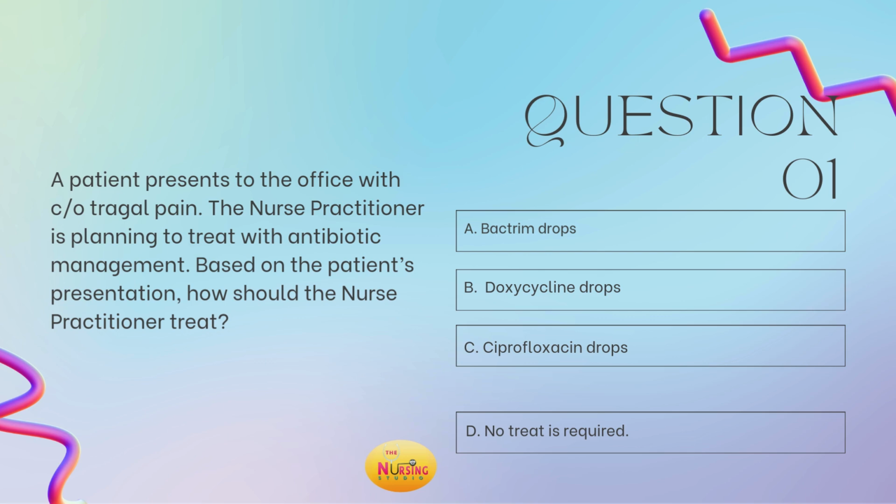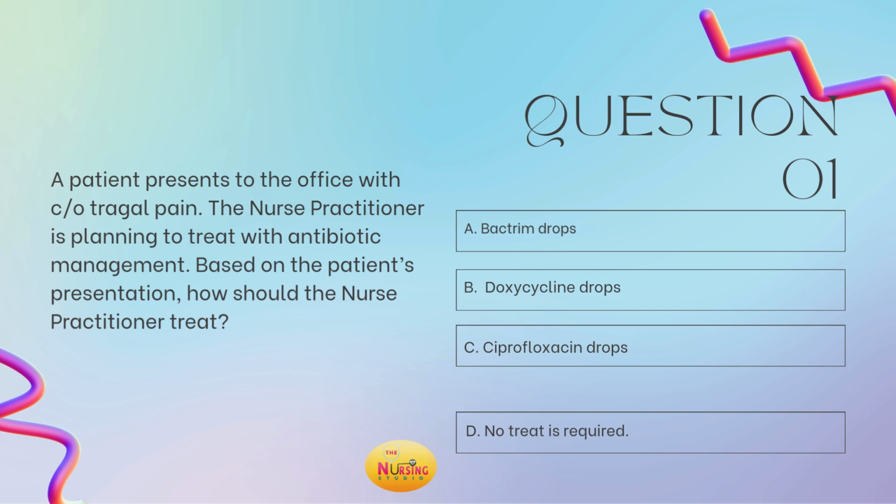It says that the patient presents to the office with complaints of tracheal pain. Now, start to think of the things that commonly and classically present in a certain fashion. You need to know things when you're looking at the full picture. Always look at the assessment findings as how they present, those signs and symptoms. Then we work our way down as far as diagnosis, evaluation, and treatment. Tracheal pain is a classic identifier for otitis externa, right?